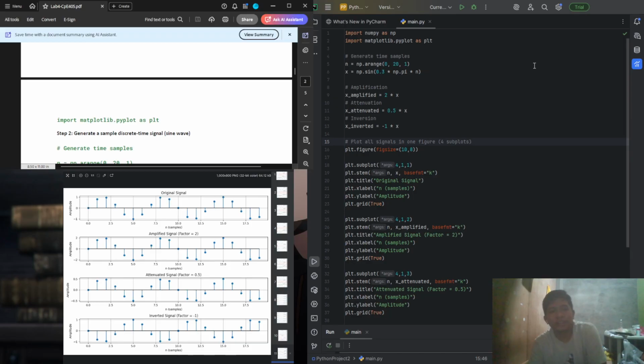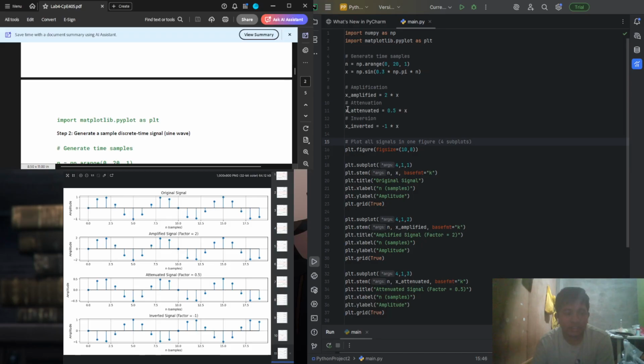First we need to define the variables for the signals. As I discussed earlier, when a signal is amplified, you multiply it by a factor greater than 1. So here we define the amplified signal, and the factor is 2.